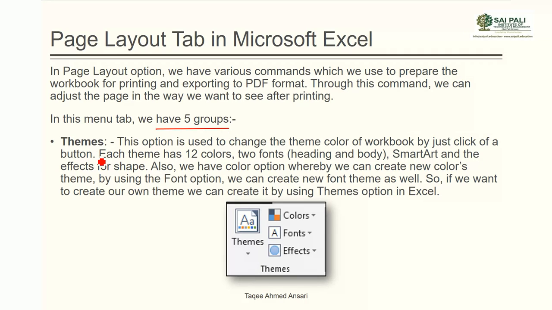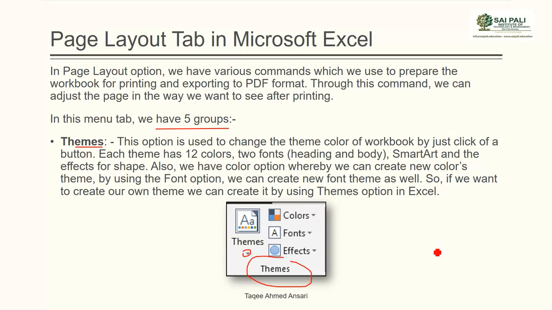Now the first group we have is the Themes group. The Themes group is used to change the overall theme of your workbook. Just click on the Themes button and you can choose from multiple themes. There are some predefined themes, which change the font, SmartArt and shape effects, and we also have color options whereby we can create new color themes.